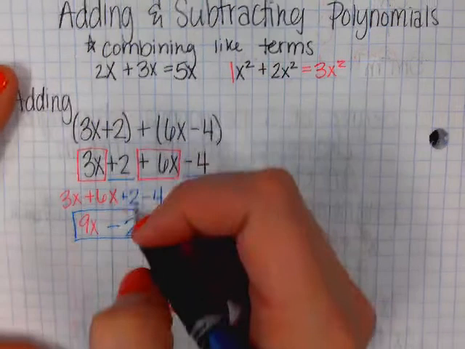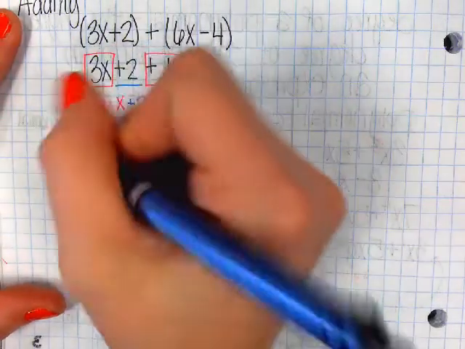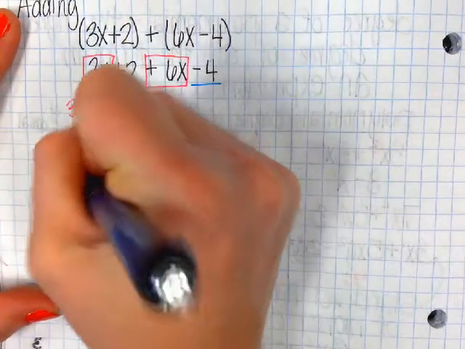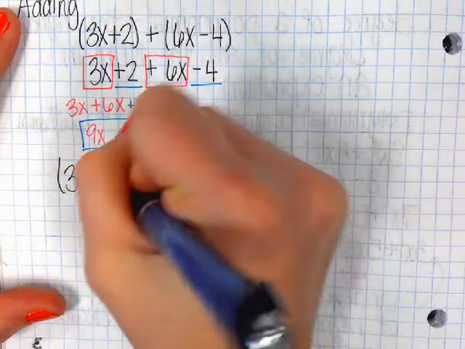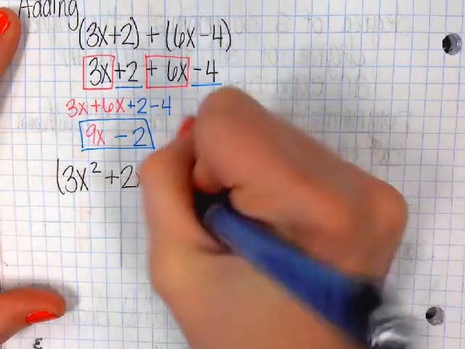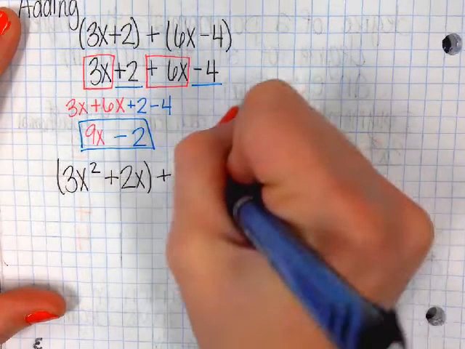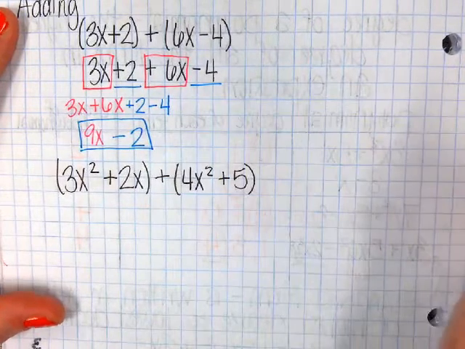Let's do another example because they do get a little bit harder. So if we have 3x squared plus 2x plus 4x squared plus 5.